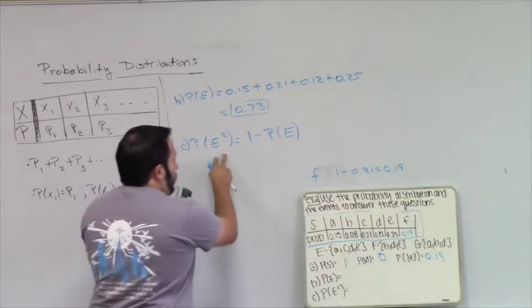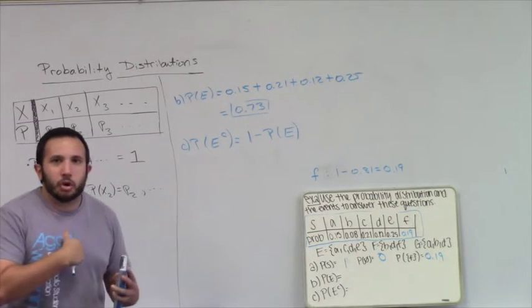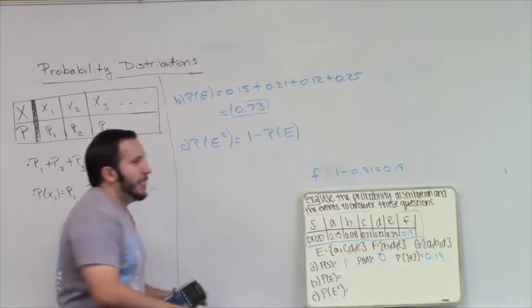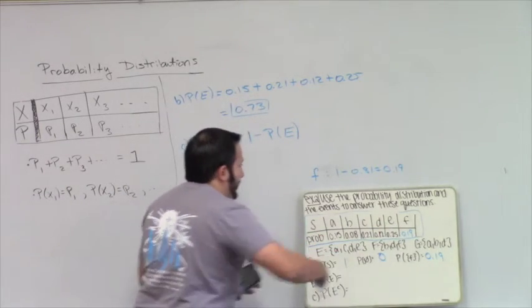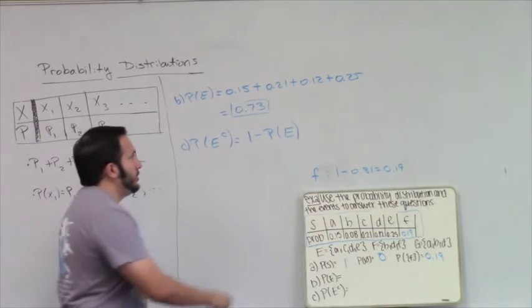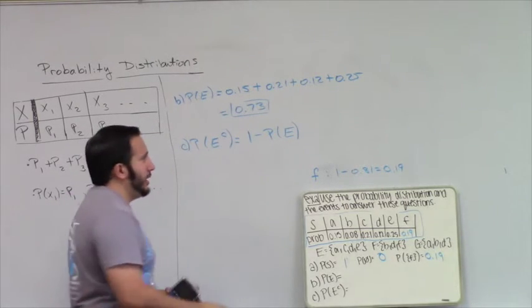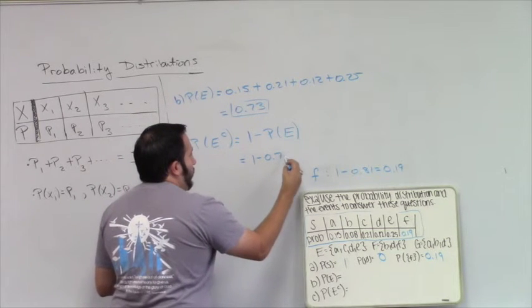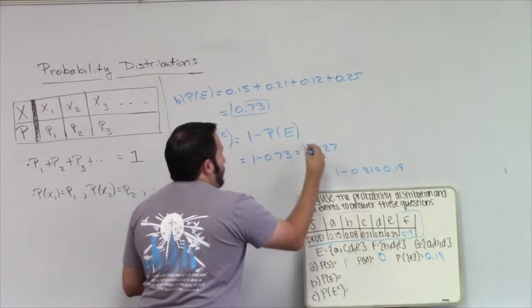What I do want is E complement. It's not an E. So what I don't want is what's in E. It's 0.73, and adding up all the possibilities always comes out to 1. Keep this in mind because we're going to be using this throughout the next several videos. So this is going to be 1 minus 0.73, which is simply 0.27.